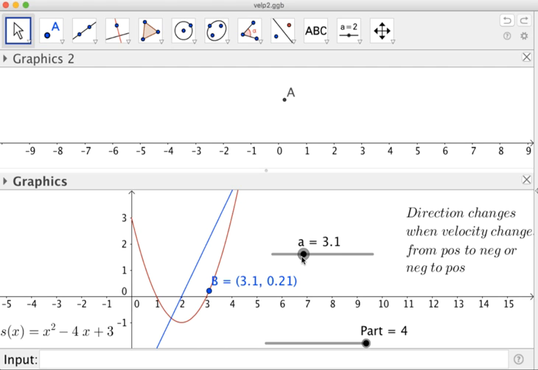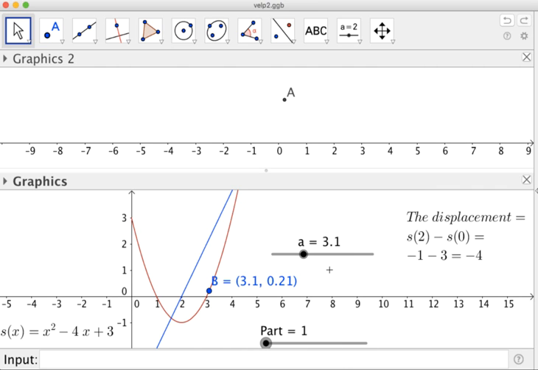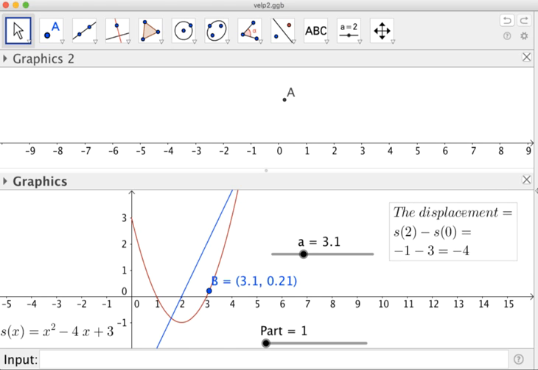Okay, so the first question says find the displacement of the particle during the first 2 seconds. So that means we need to figure out where the particle was at s equals 2, subtract its position at s equals 0. At s equals 0, we were at a position of 3, and when s equals 2, we were at a position of negative 1.